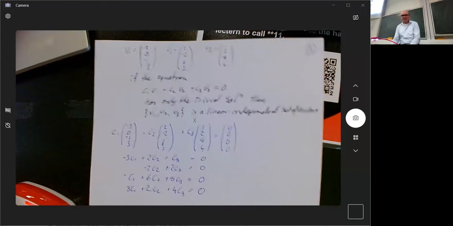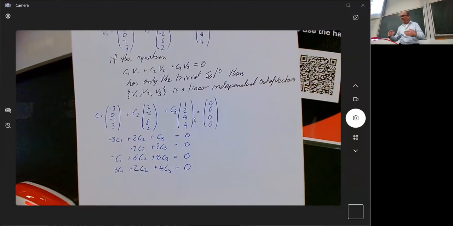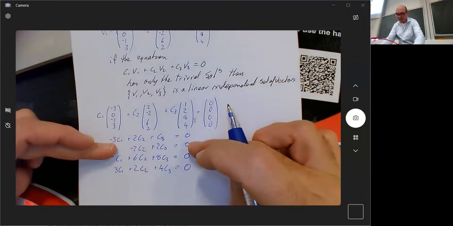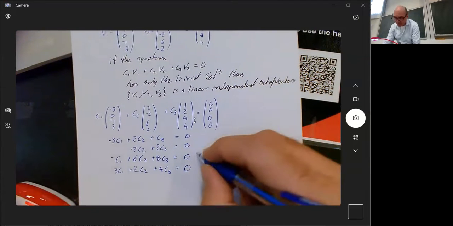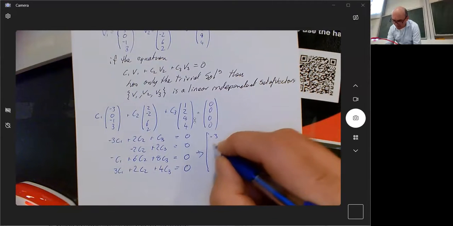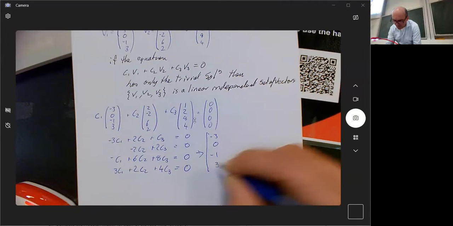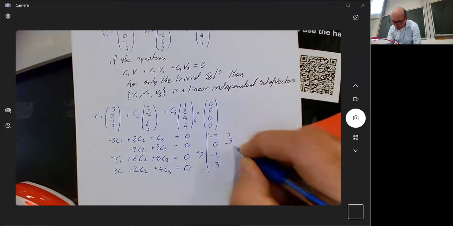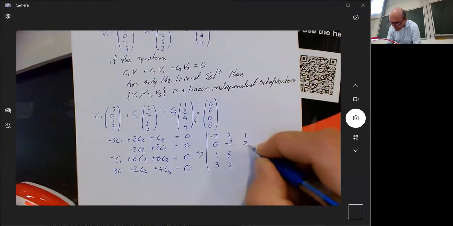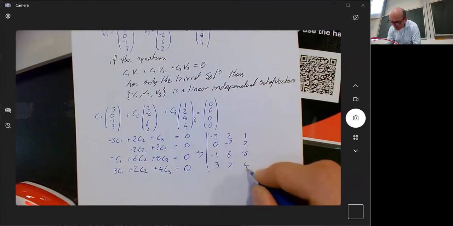Now, all I've done there is write out equations which correspond to equating coefficients with the equating components of the vector. This is the equation that tells me the first component. This is the second one, third component. This means my system of equations looks like -3, 0, -1, 3, 2, -2, 6, 2, 1, 2, 8, 4.